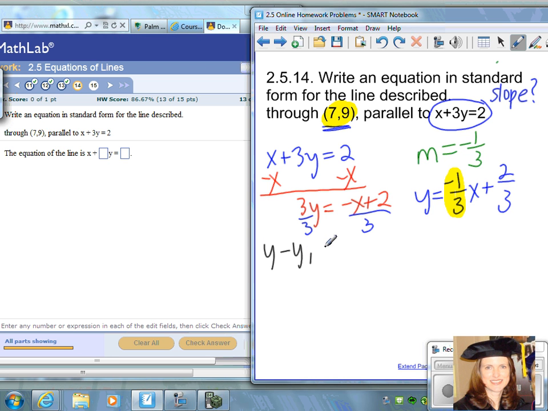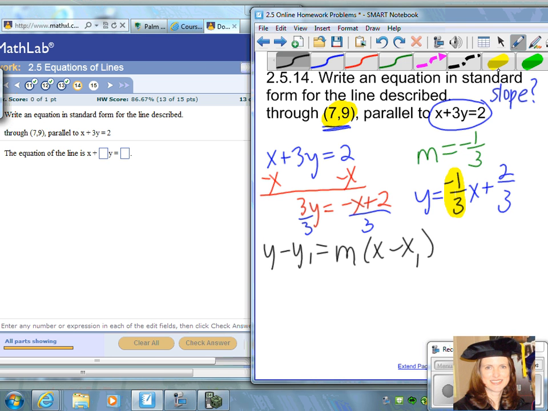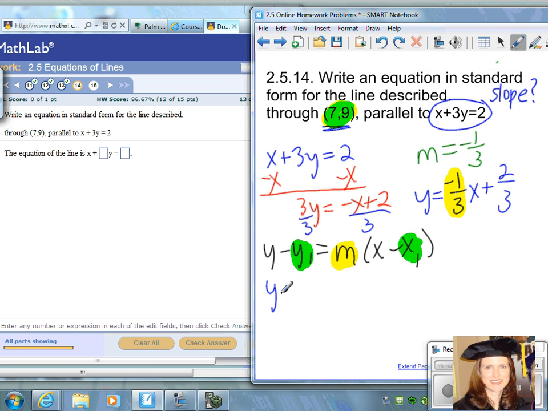y minus y sub 1 equals m times x minus x sub 1. We're going to plug in the slope here, and then the point, the x and y values, we're going to plug into here and here, and simplify. We get y minus 9 equals negative 1/3 times x minus 7.